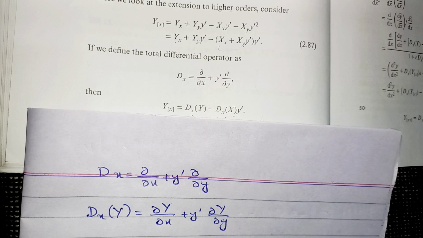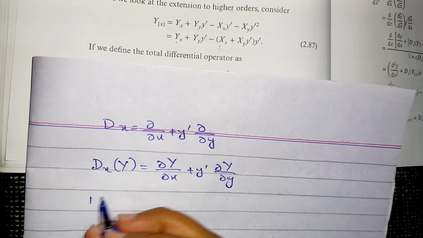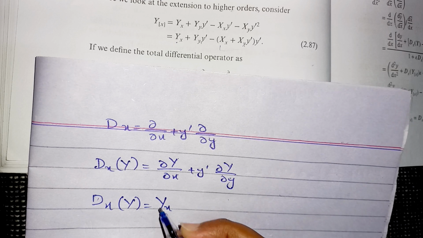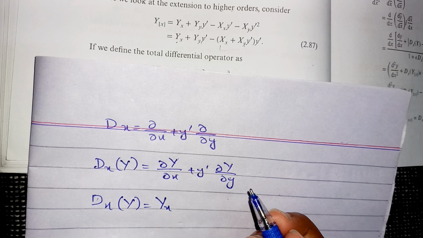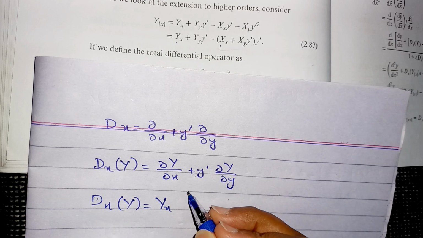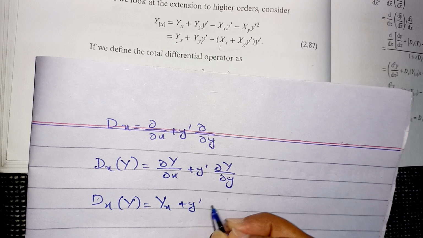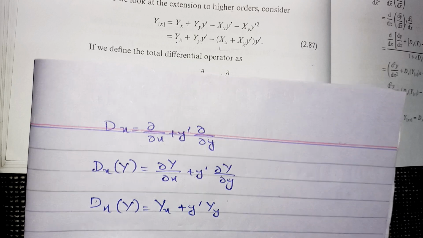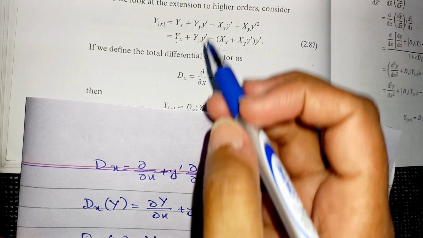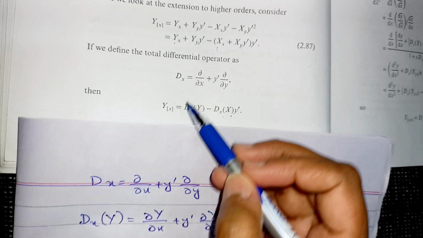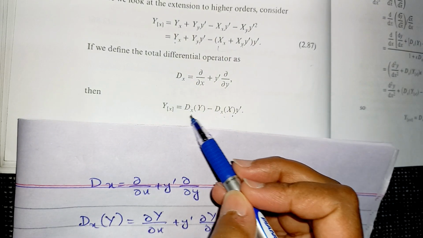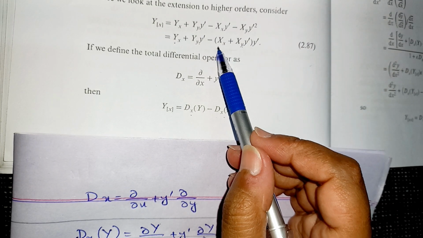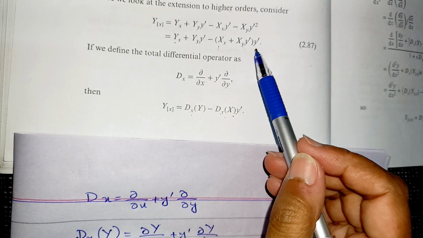Then we can write D_x of capital Y as Y_x, because Y is in terms of two variables x and y, so we are taking its partial derivative, and in the similar way y' and the partial derivative of Y with respect to y. So instead of this value I can write only D_x of Y, because this is the value of this operator. And in the similar way we can write D_x of X times y' as it is.